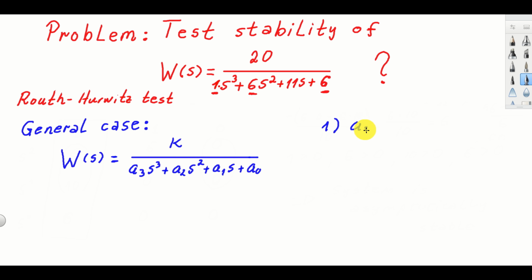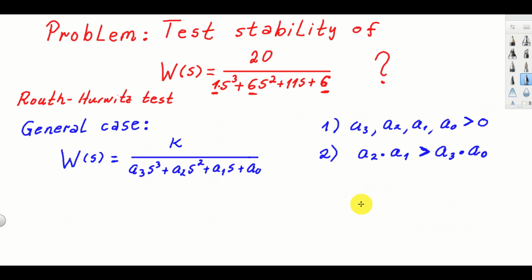That is, a3, a2, a1, and a0 have to be positive. Then the product of the inner coefficients, that is the product of a2 multiplying a1, should be greater than a3 multiplying a0. If these two conditions are met, then our system, or better to say our transfer function, is asymptotically stable.